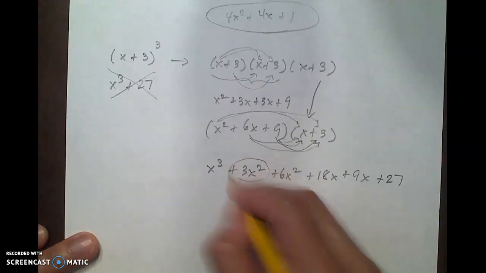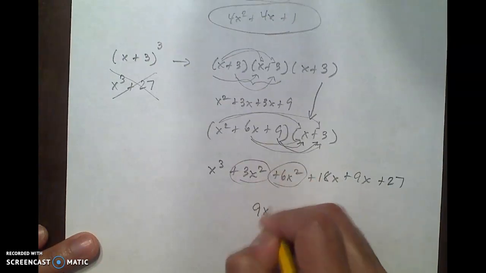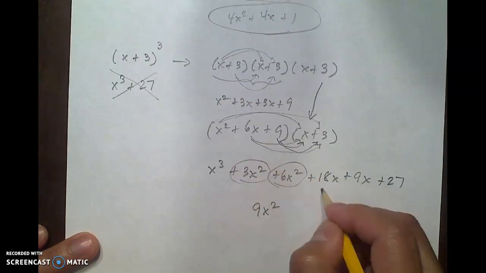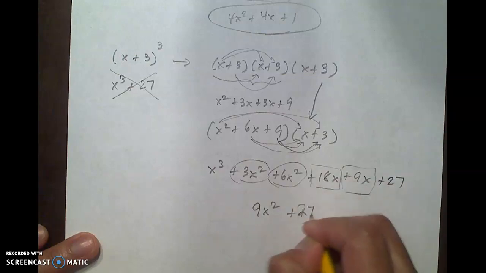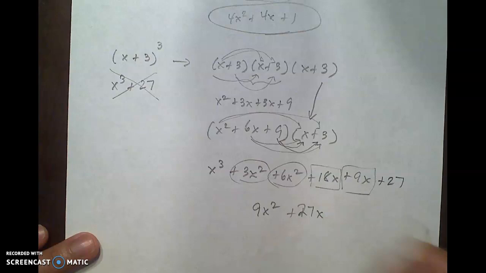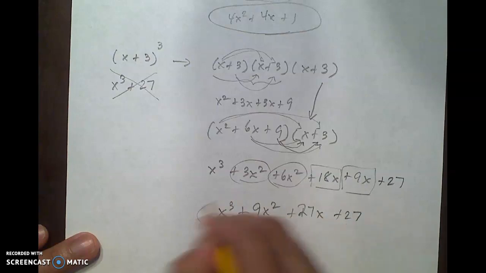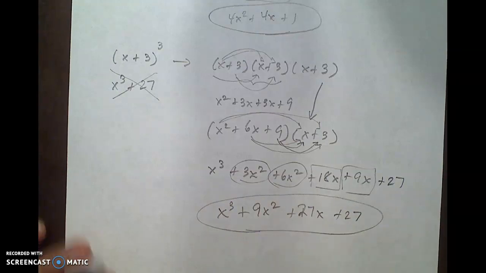Alright, combine like terms here. 9x squared. Like terms here, 27x. This 27 and this x cubed just come along for the ride.